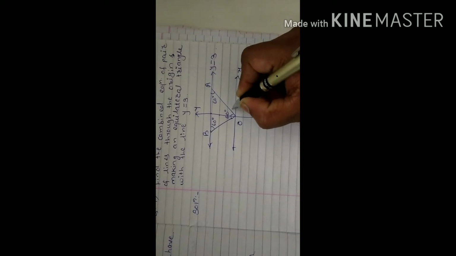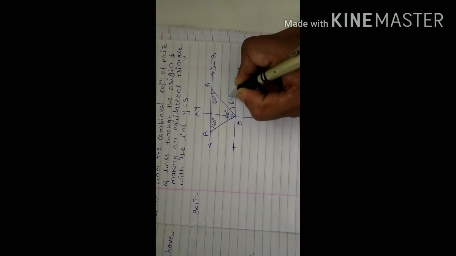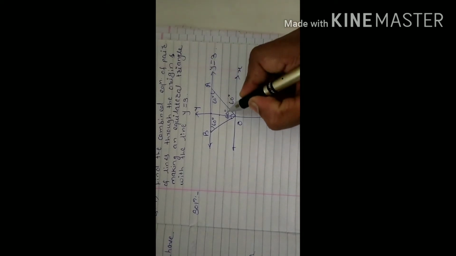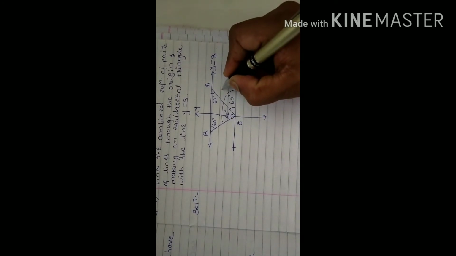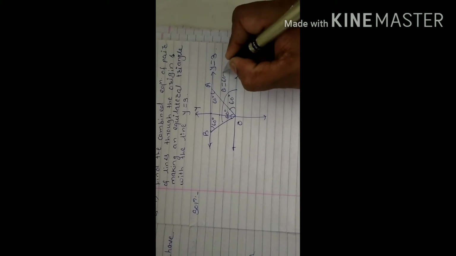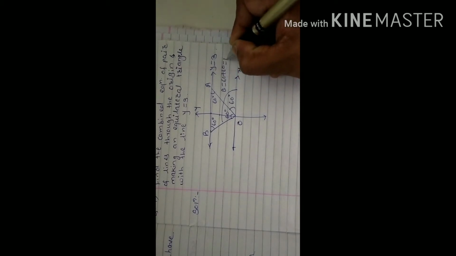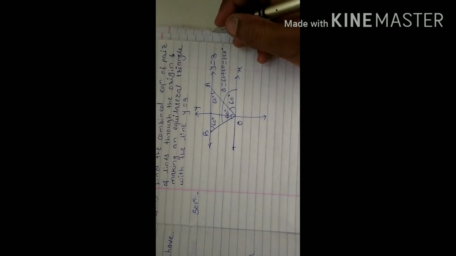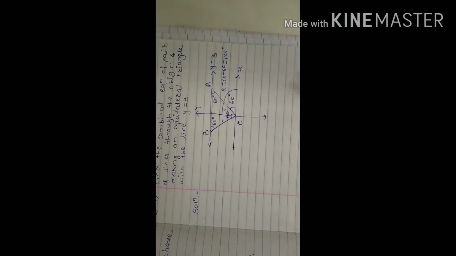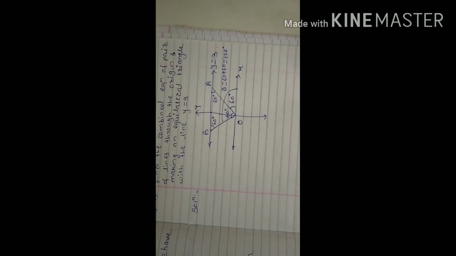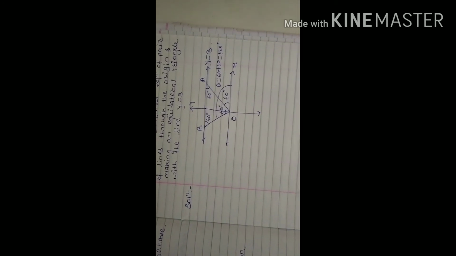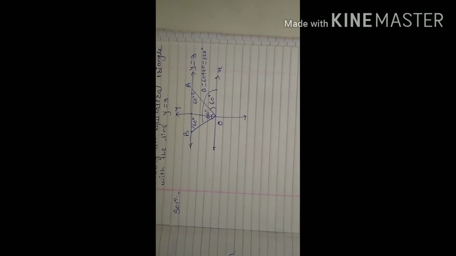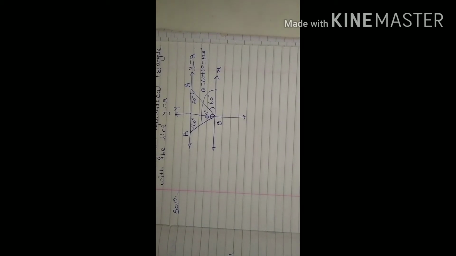Taking both the angles at the origin together, theta is equal to 60 plus 60, we get 120 degree. We find the lines OA and OB and their joint equation.